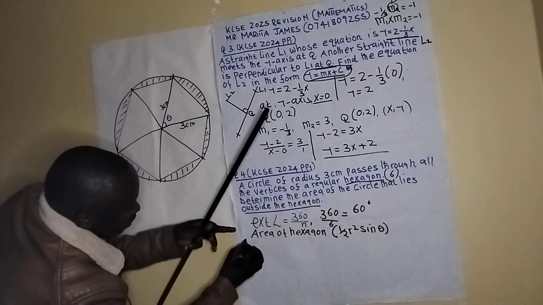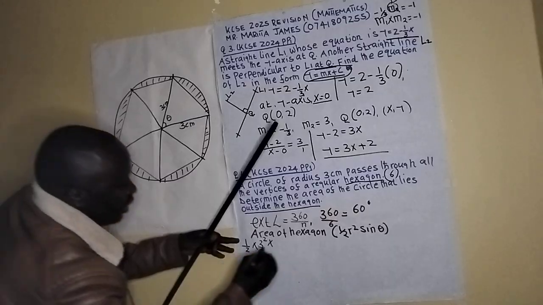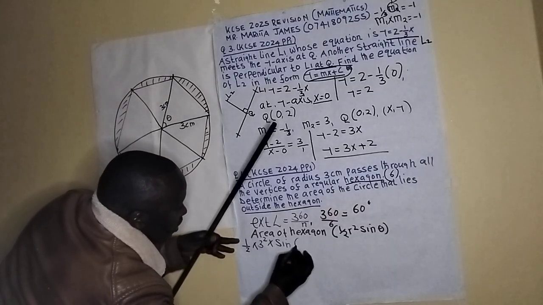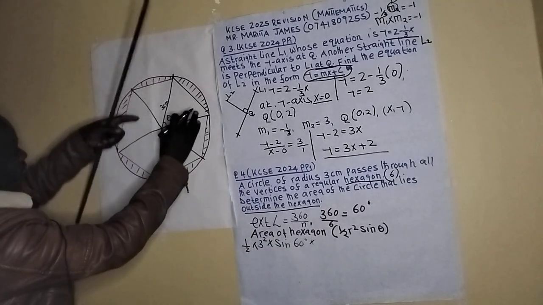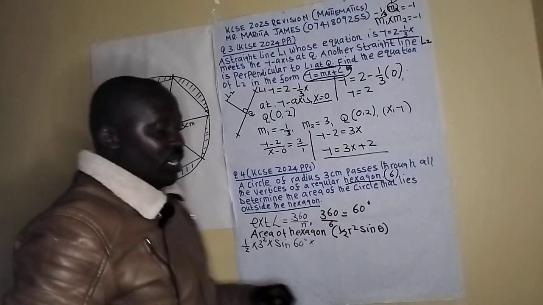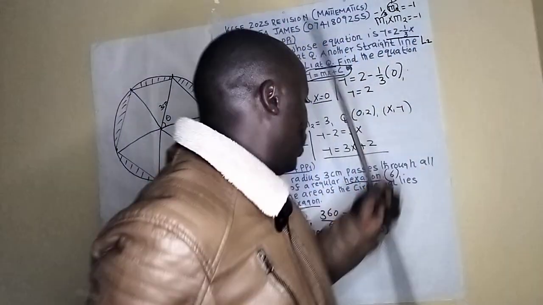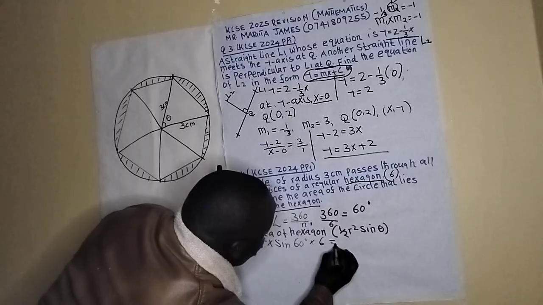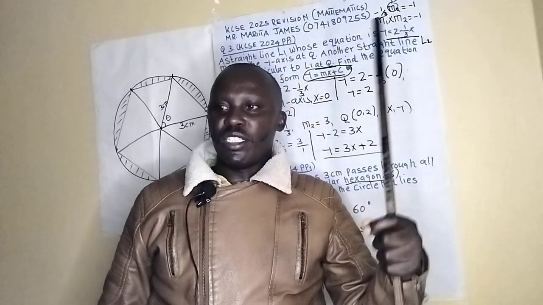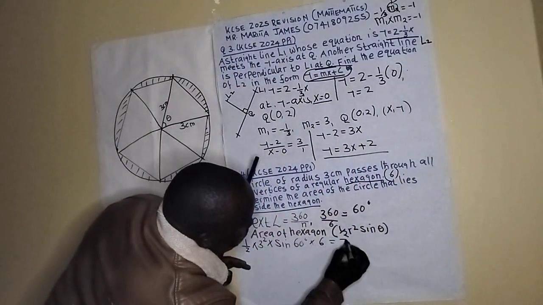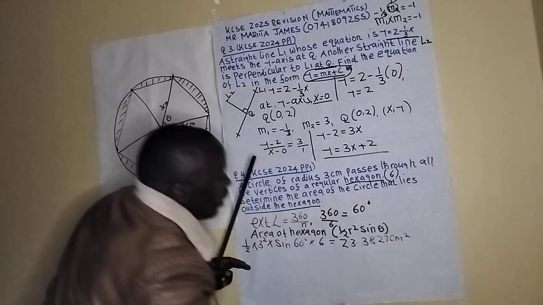So the area of the triangle is a half times the radius 3 squared times sin 60 degrees, and this is the area of this one triangle. The number of triangles is 1, 2, 3, 4, 5, 6, so we multiply by 6. Using a calculator, the area of the hexagon is 23.3827 centimeters squared. That is step 1.